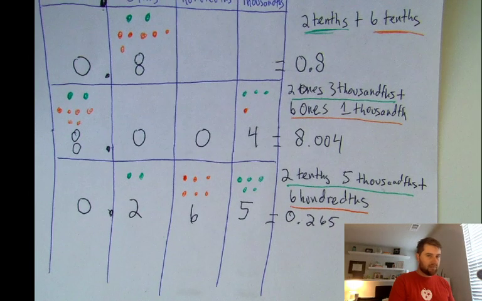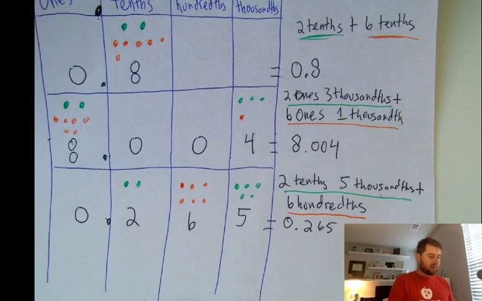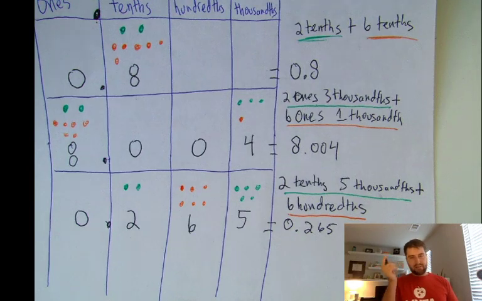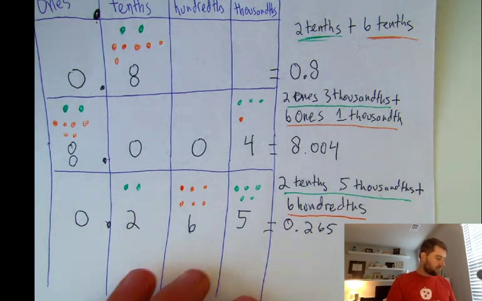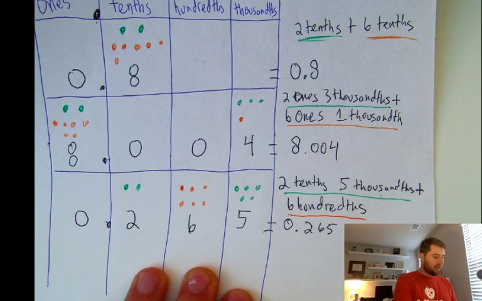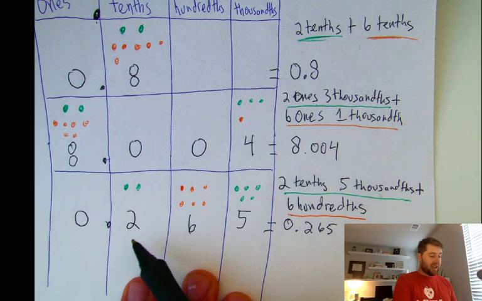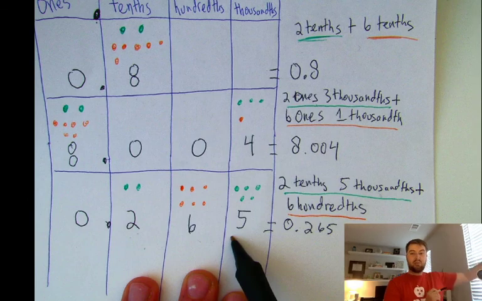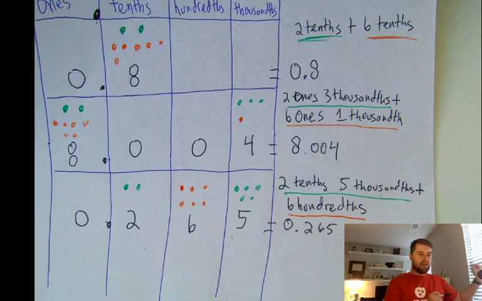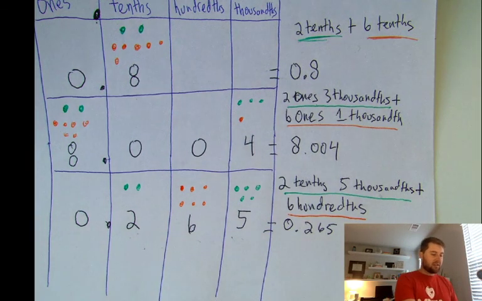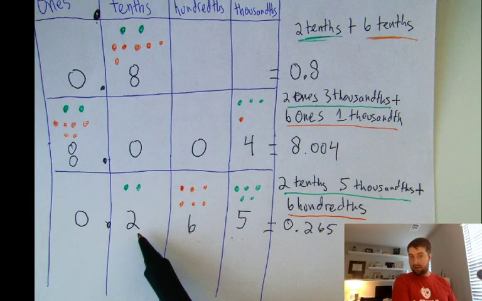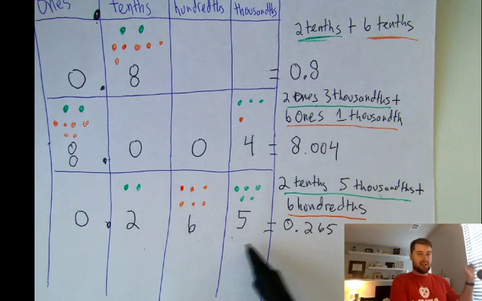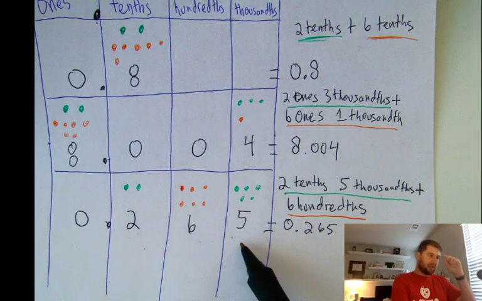So we read our number, and we're reflecting back to 4th grade here. We read our number as the number 265, and that 5, the digit farthest to the right, is in the thousandths place. So we read the number to the right of the decimal as a whole number, 265, and then the place value it's in on the right side, thousandths.